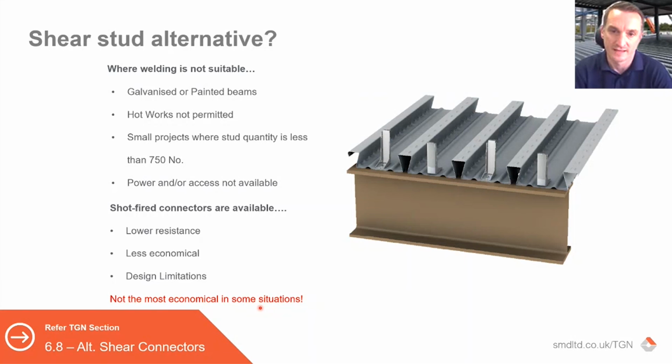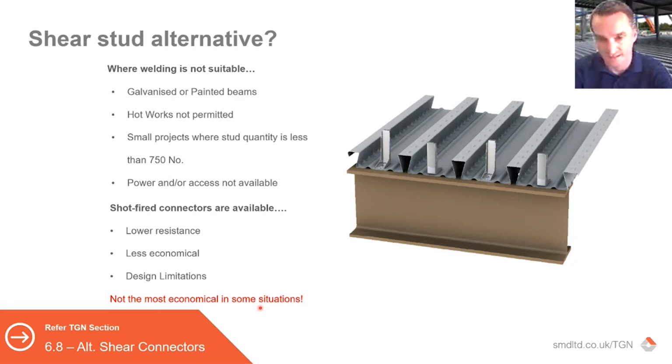However, they are more expensive and they can be slower to install. So there's certain scenarios where they're suitable. Like if you're limited on hot works, they can be installed on painted beams, which welded shear studs can't.